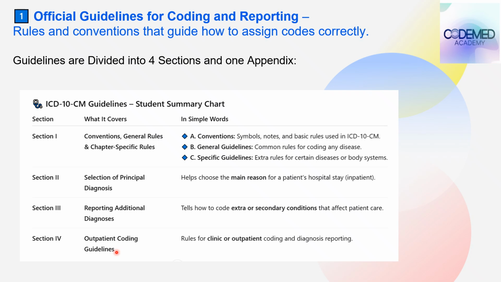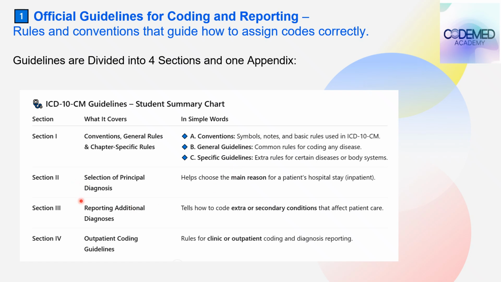So the first section is official guidelines for coding and reporting, where you will see the rules and conventions that guide how to assign the code correctly. The guidelines are divided into 4 sections and 1 appendix. We will be studying section 1 in detail. Section 1 consists of A, conventions, B, general guidelines, and C, chapter-specific guidelines.